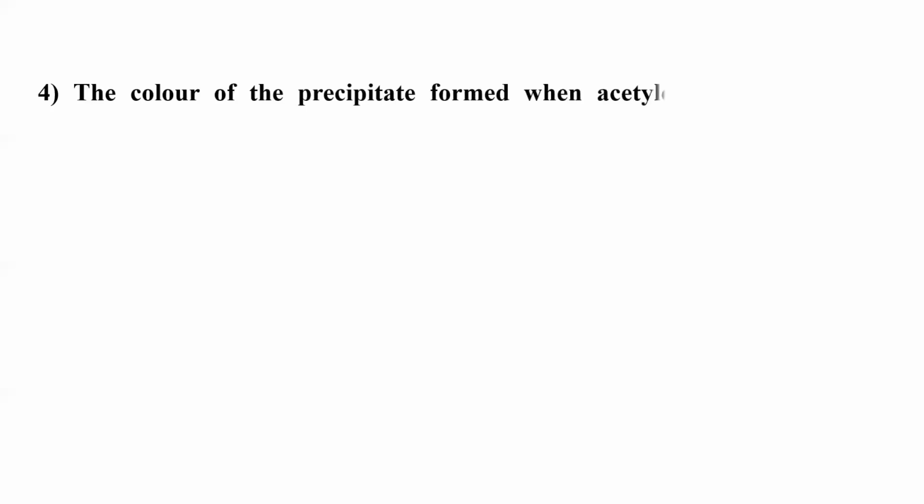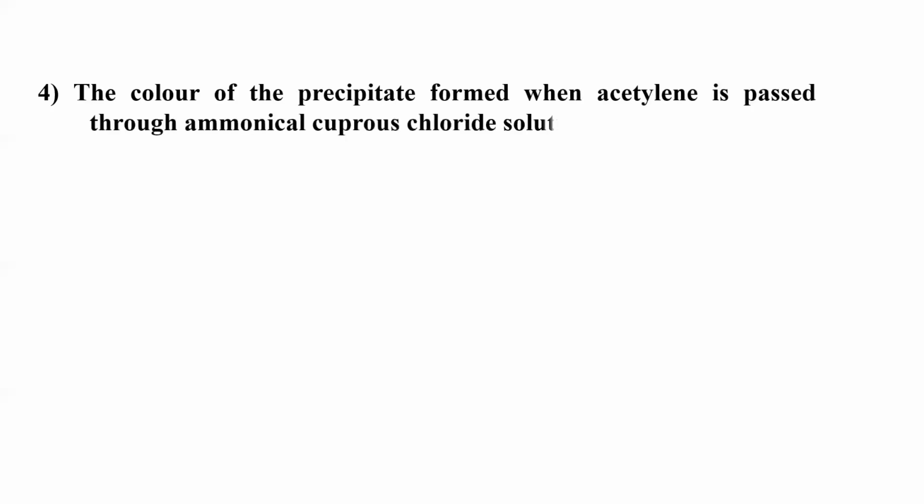The color of the precipitate formed when acetylene is passed through ammoniacal cuprous chloride solution. So this just answers the previous question. In the previous question, we said we can also use ammoniacal cuprous chloride. How can we use it? Because a precipitate is formed whenever acetylene reacts with ammoniacal cuprous chloride, indicating the acidity. So what is the color of the precipitate obtained? Is it white, red, blue, or green?